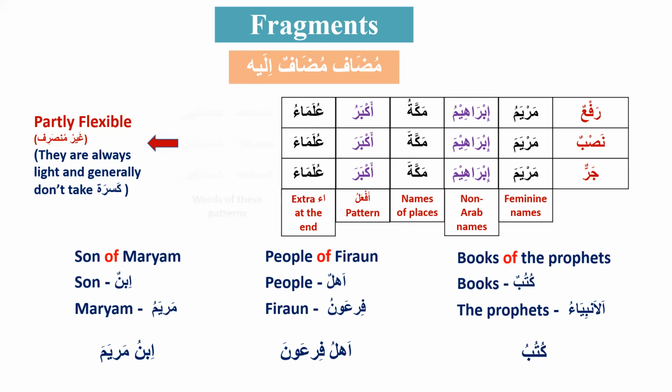Remember that? Yes, I remember it. When it has an al before, that's an exception to take kasra. So that would be kutubul anbiya'i. If there was no al with anbiya, then it would be kutubu anbiya'a. But when it takes al, it can accept kasra if it has to. And it is needed here because it is in jar status.